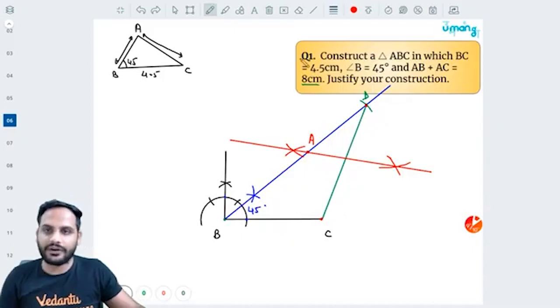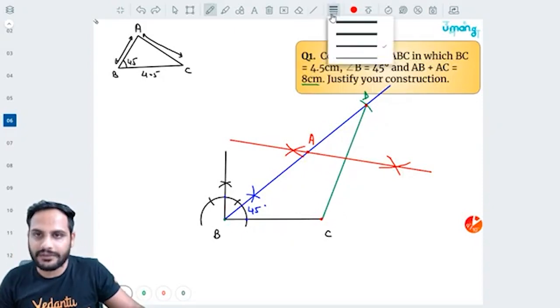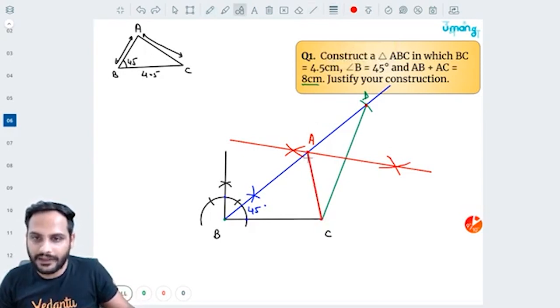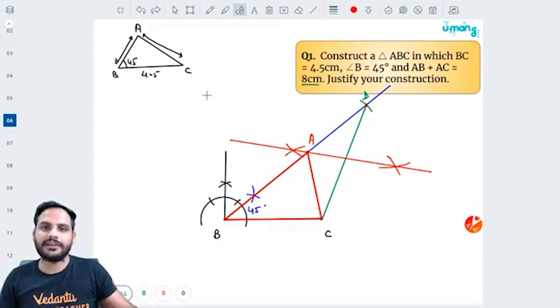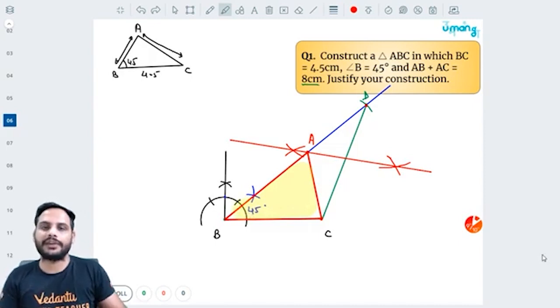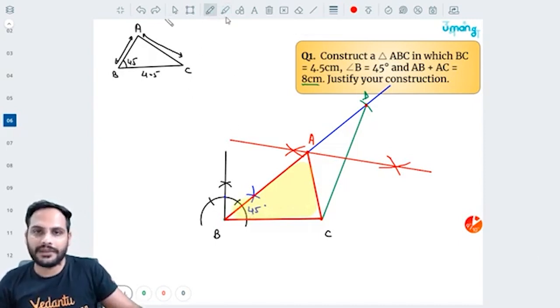So wherever I have got the perpendicular bisector, that will be my third vertex. So the triangle will be ABC. This ABC is my required triangle. Got it? Okay, this is how you will get your triangle ABC.